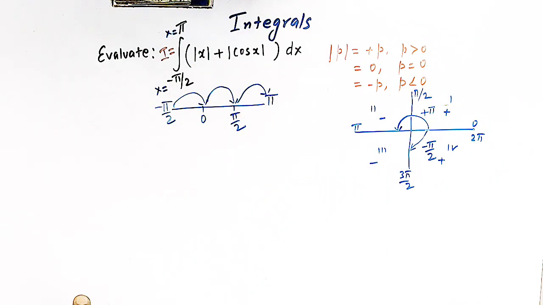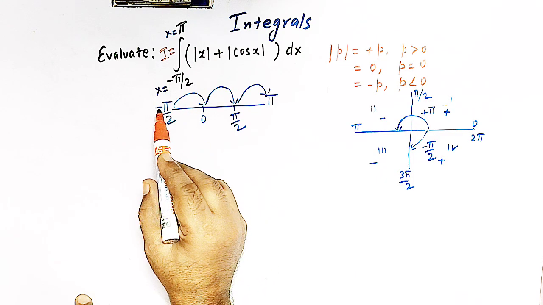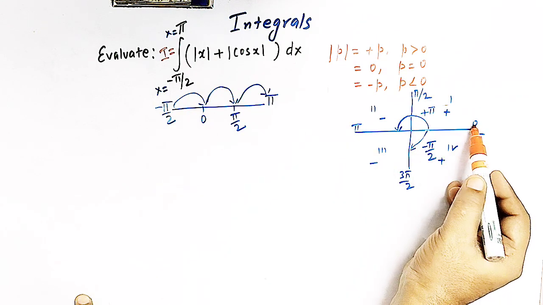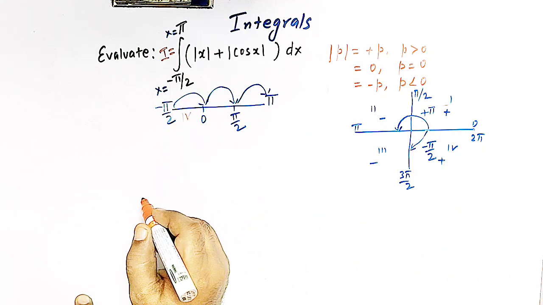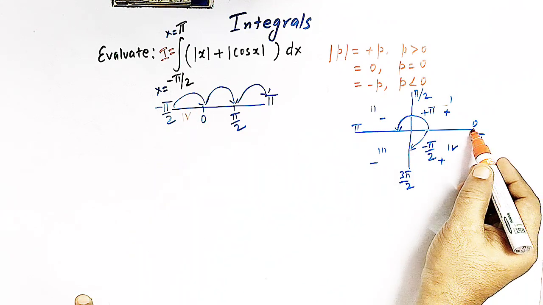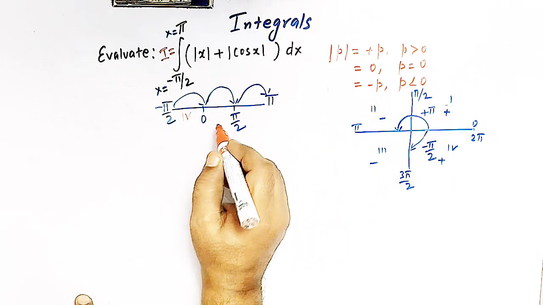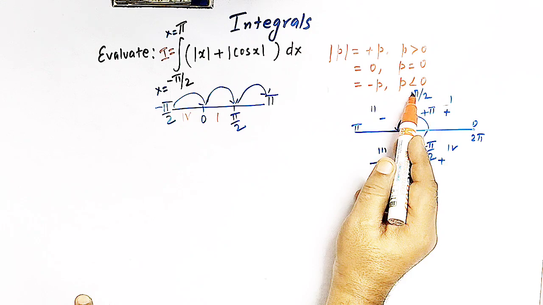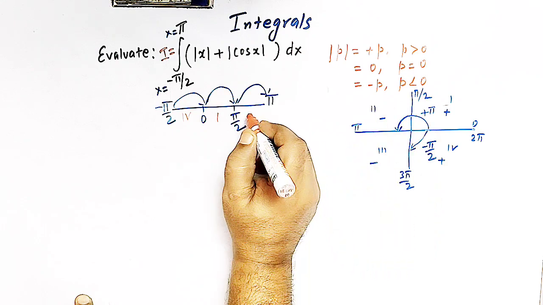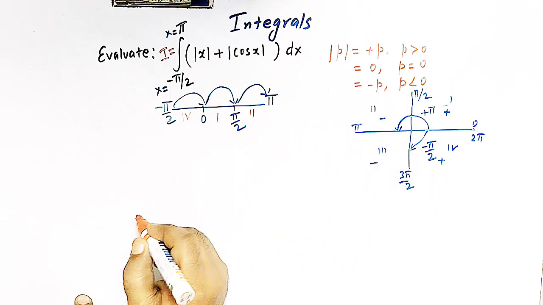Now it is interesting to note that when we travel from minus pi by 2 to 0, we are in the fourth quadrant, right? And when we go from 0 to pi by 2, we are in the first quadrant. And when we go from pi by 2 to pi, we are in the second quadrant.